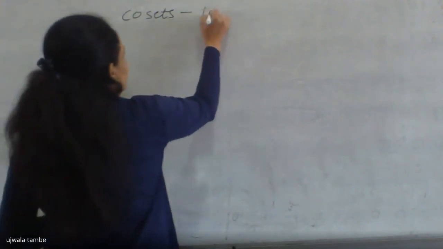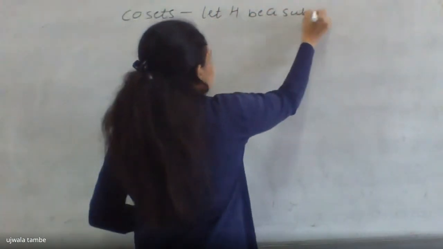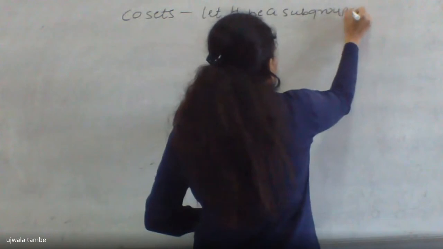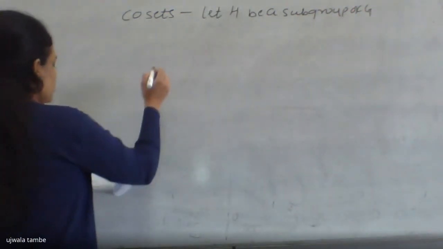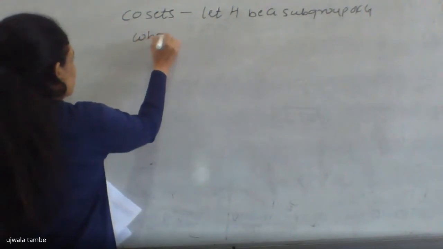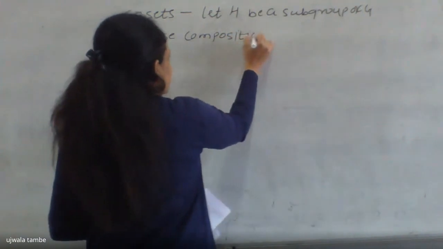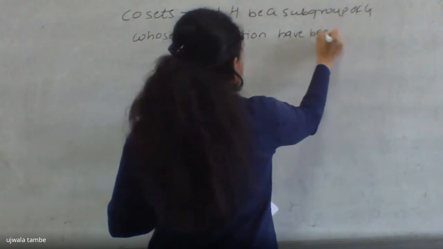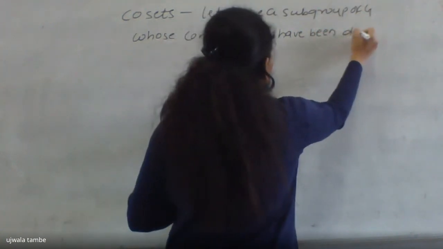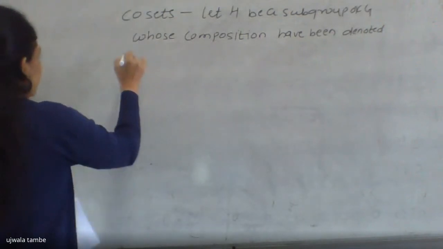Let capital H be a subgroup of capital G whose composition has been denoted multiplicatively.